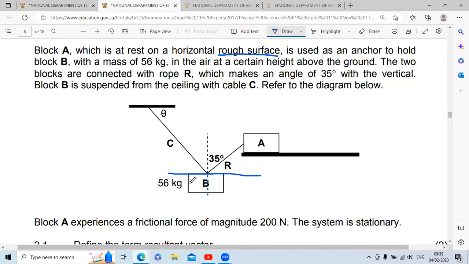We're going to have a vector connecting B and A, which is most likely going to be something like this, because A is used to anchor B. And then we're going to have another one connecting B to the ceiling.